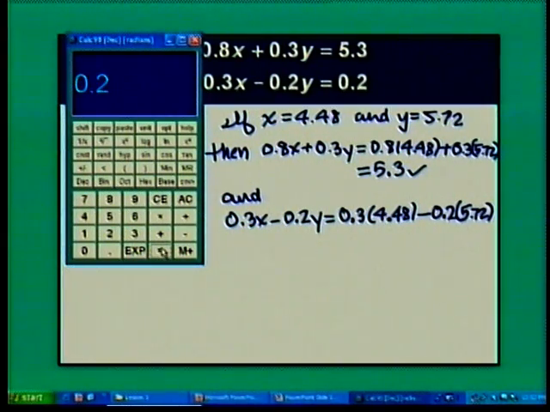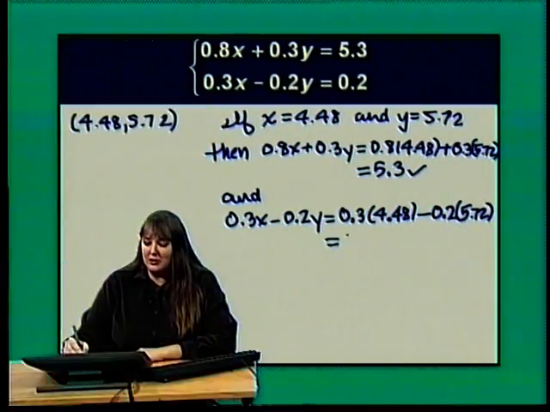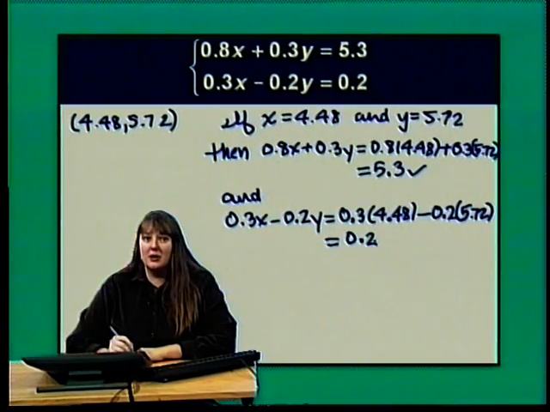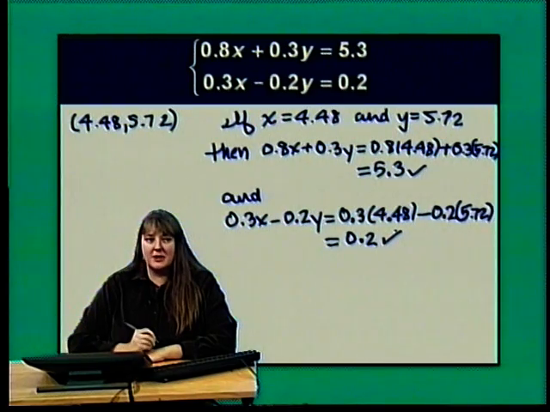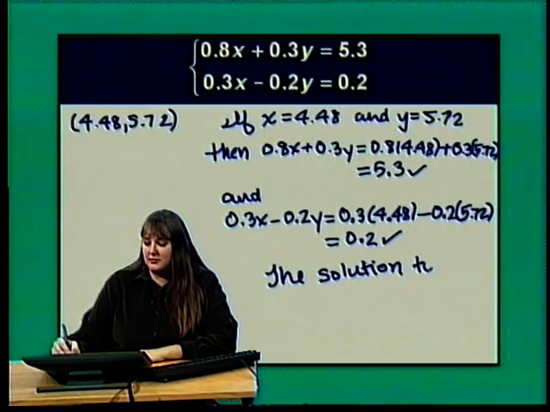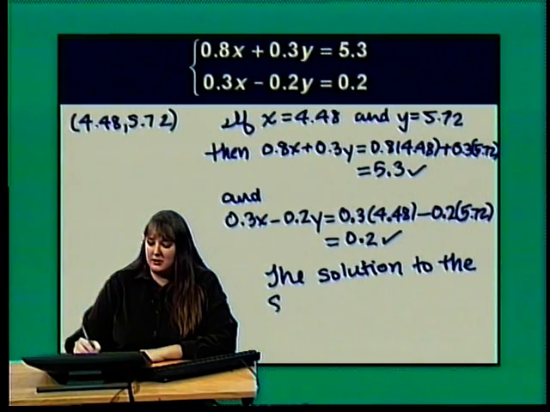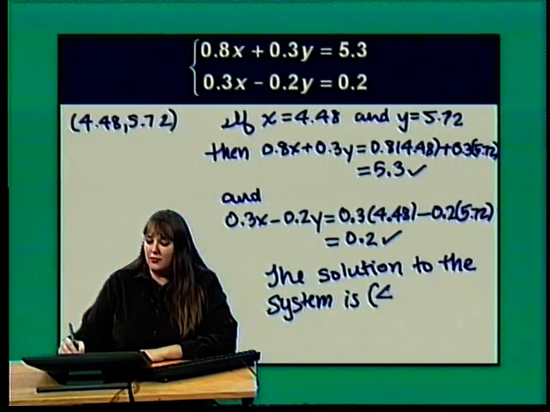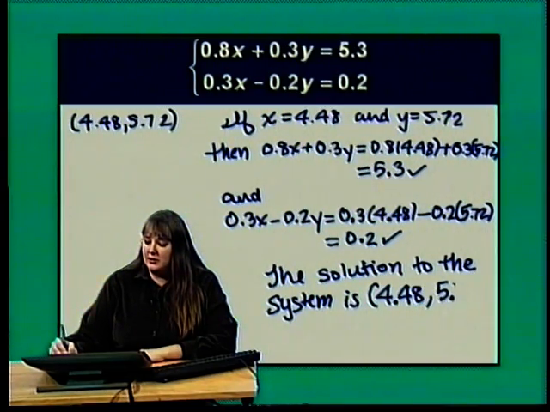And that equals 0.2. This is good. Look at the second equation. I wanted 0.3x minus 0.2y to equal 0.2. So my solution checks. I can go ahead and write my conclusion. The solution to the system is 4.48, 5.72.